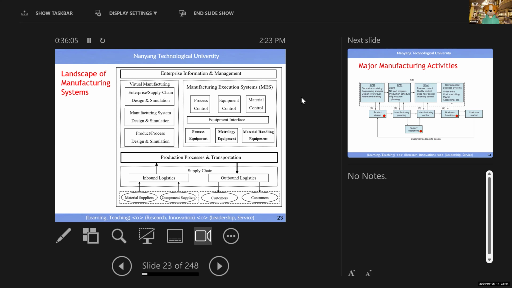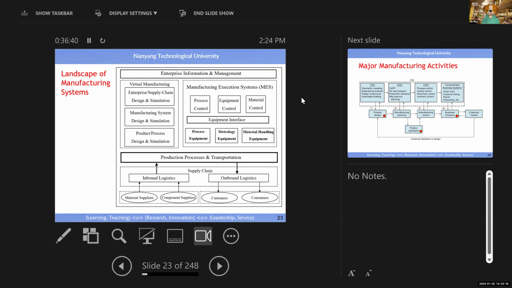So inside any company, the core component should be the production line. But inside the production line, we have a lot of processes, right? Then among the processes, you need to transfer the output from one process to become input to another process. Now you see transportation. This is the inner transportation among all the processes.